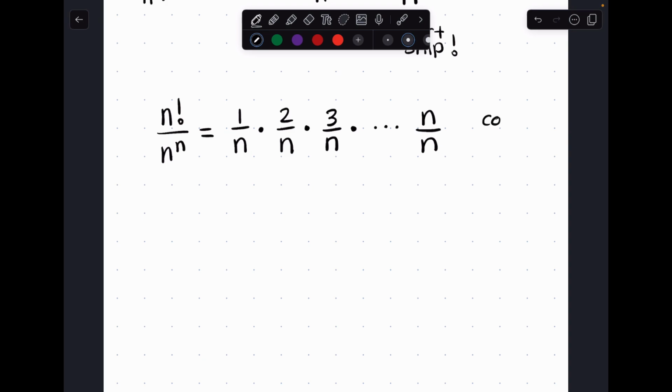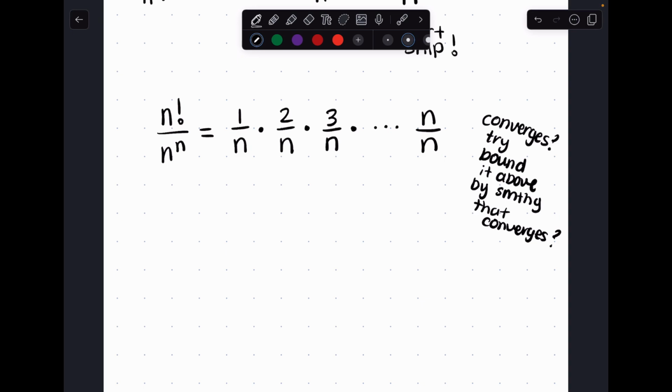So we can try to bound it above by something that converges. And so we can try that.